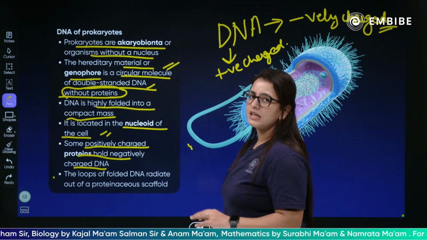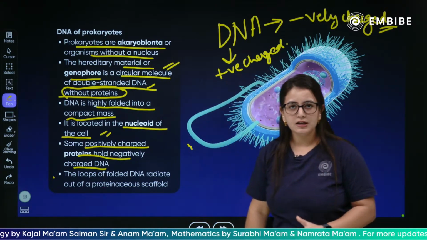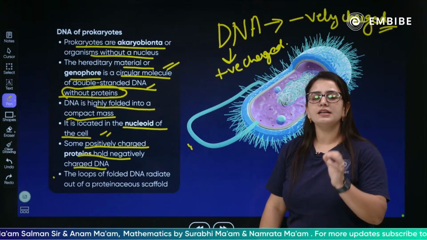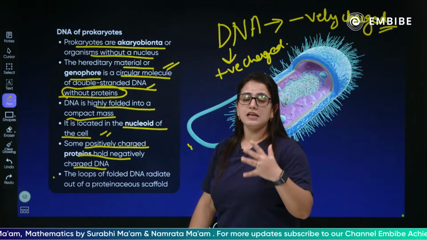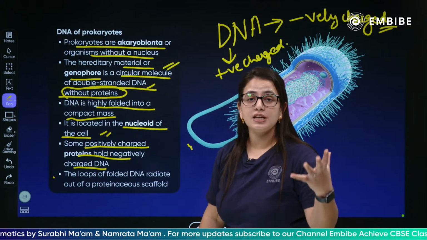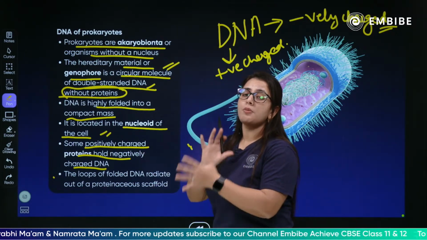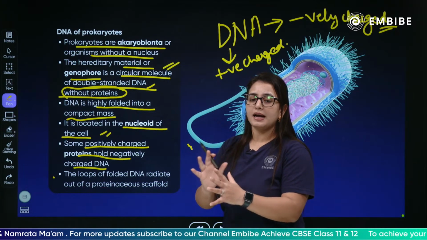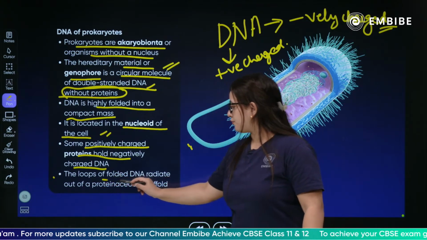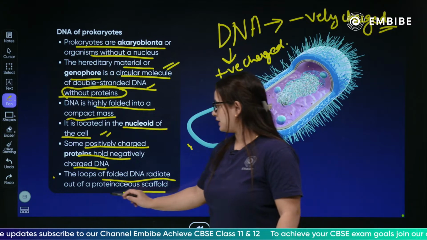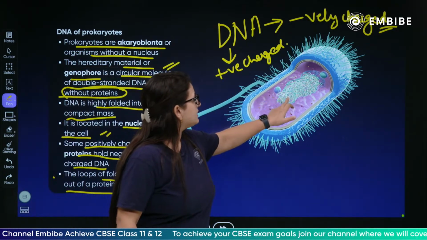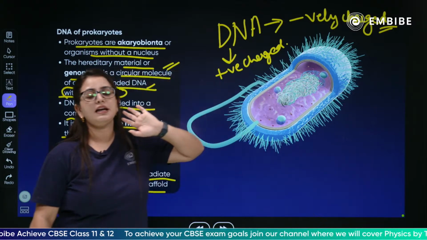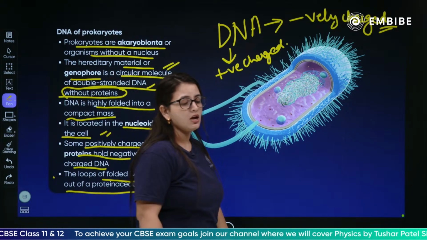So when the packaging is done inside the nucleoid, it has some proteins which are positively charged, and the negatively charged DNA is attracted towards them, and this is how the packaging is done. The loops of folded DNA radiate out from the proteinaceous scaffold. As you can see, this is how your DNA is packed inside the prokaryotes.